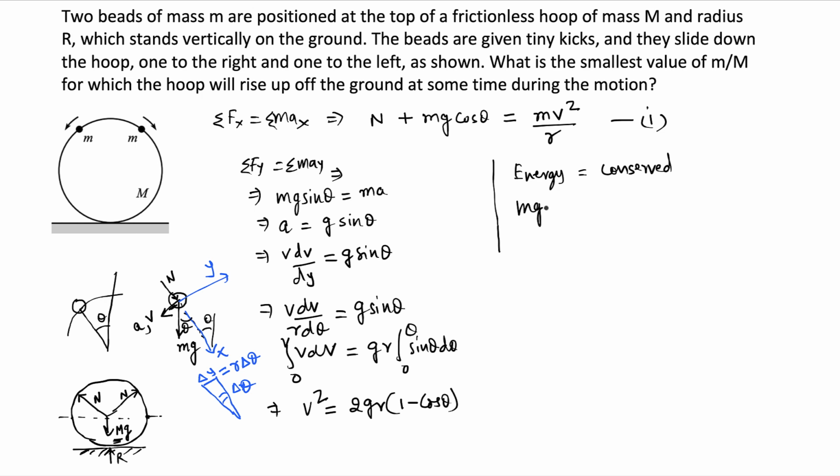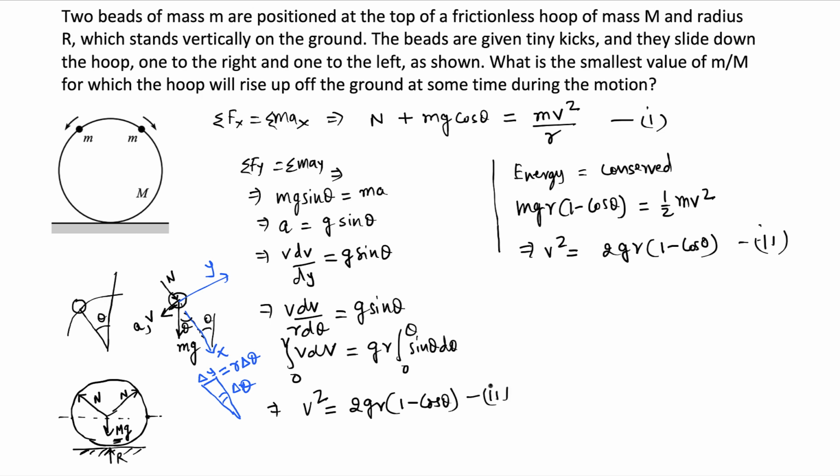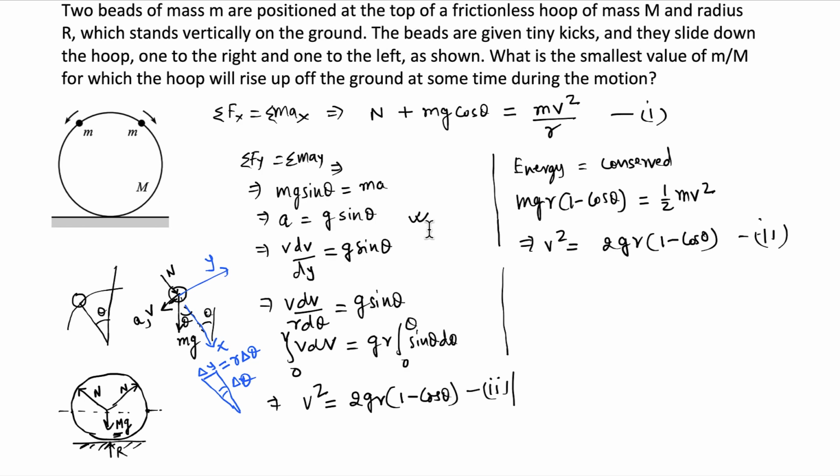Hence mg R(1 minus cos theta) equals half m v square, and therefore v square is 2gR(1 minus cos theta), the same equation as this one. I solved it for v using this approach because many times the energy may not be conserved, and therefore you need to use this approach.